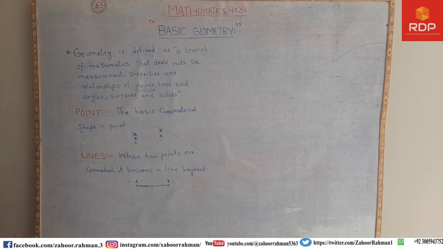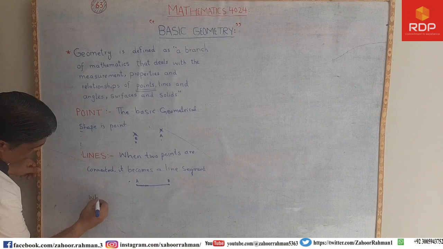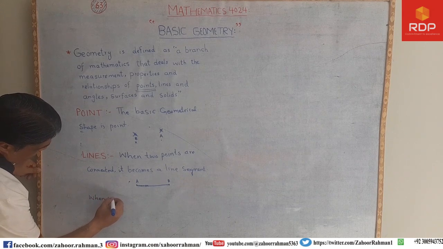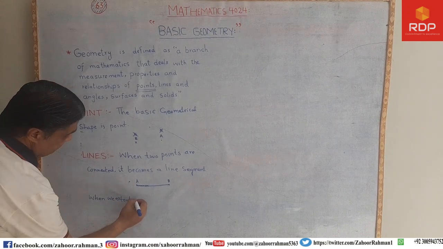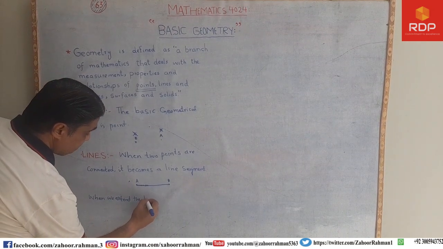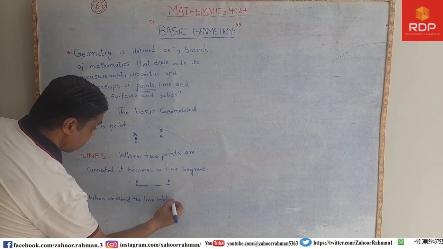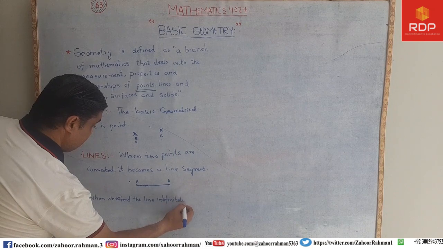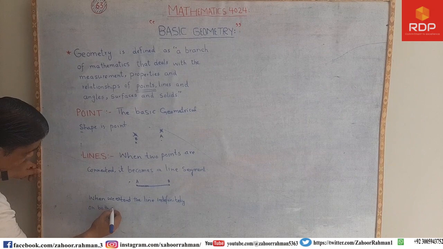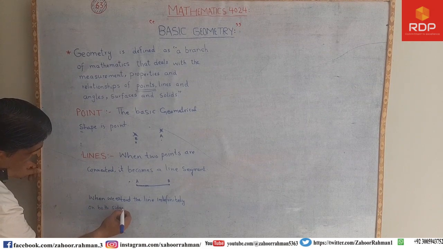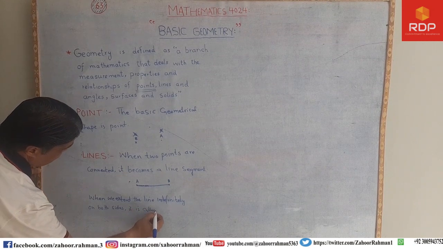This is not a line. When we extend the line indefinitely on both sides, it is called a line.